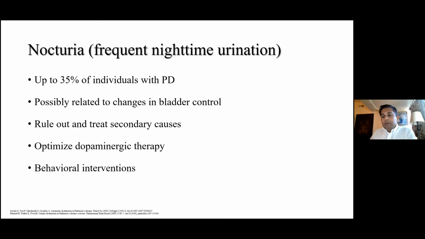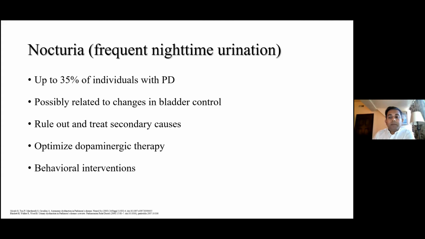Another common issue in patients with Parkinson's is nocturia, or frequent nighttime urination. This is a common disruptor of sleep and may affect up to 35% of individuals with Parkinson's. It's thought to possibly be related to changes in automatic bladder control, but it's important to rule out and treat secondary causes of frequent nighttime urination, such as sleep apnea, which is a very common cause, urinary tract infections, enlarged prostate in men, history of heart failure, but even anxiety.